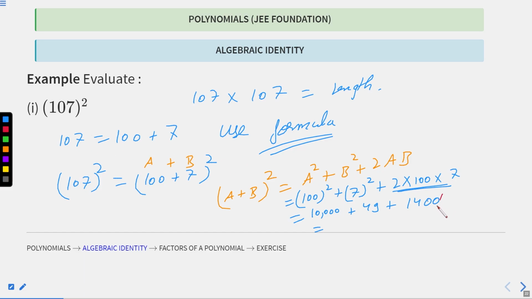Adding this, the 0, the 9, the 0 will give me 9 as my unit digit. In the tens place I will have 4, and in the hundreds place, let's see, just 4. And in the thousands place I will have 1. So my answer for this square, 107 square, will be 11449.